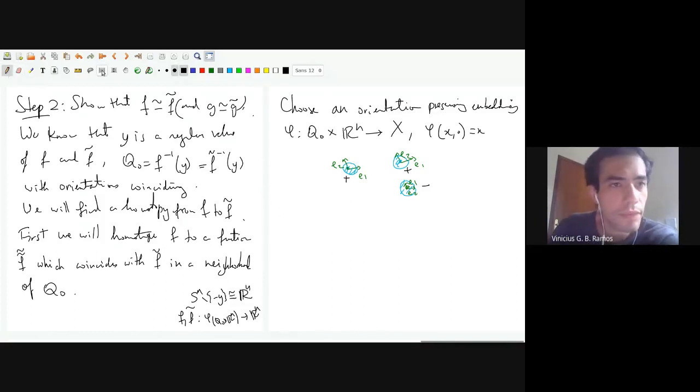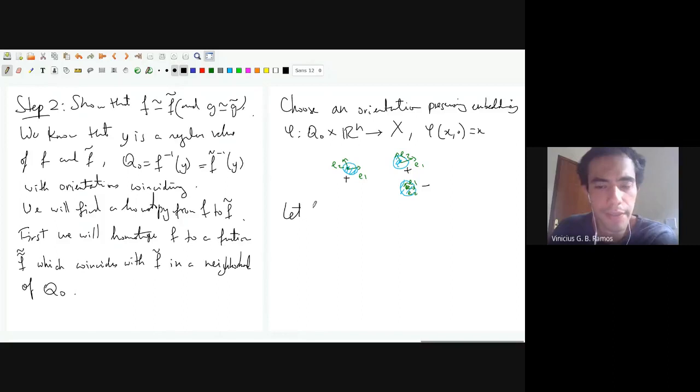So let me actually do it more properly. So let psi from Sn minus y to Rn be the stereographic projection.